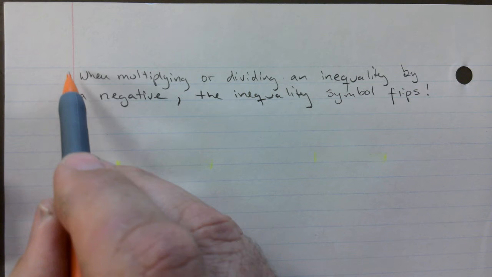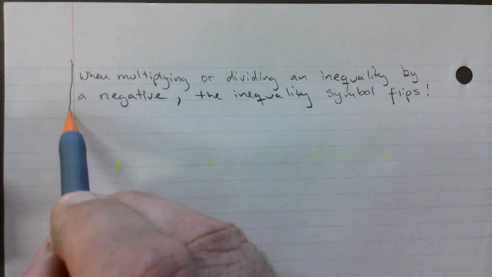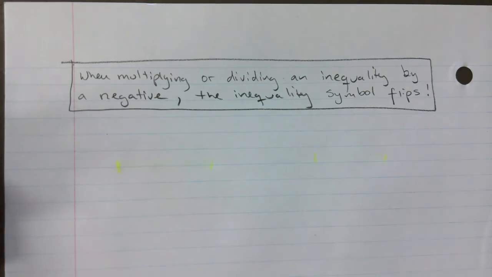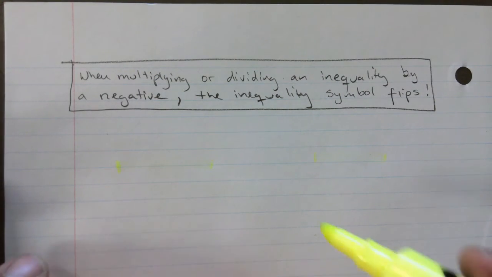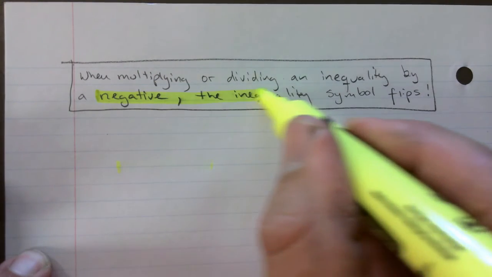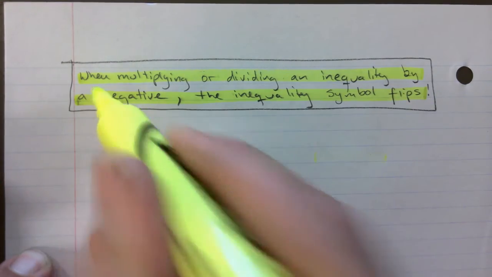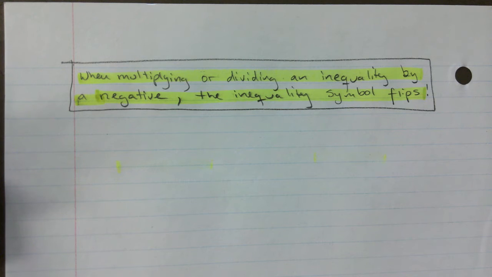This is very, very important because some students forget about it. So I would actually just highlight that whole thing or make it very visible when you go through your notes and you review. When multiplying or dividing an inequality by a negative, the inequality symbol flips.